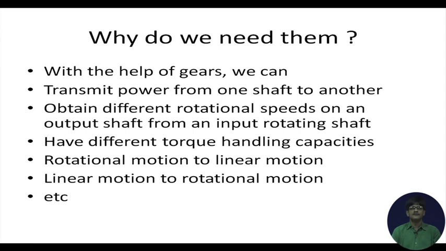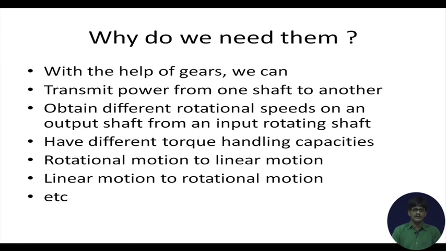So, in addition to transmission of power from one shaft to another, you can also dictate the rotational speed of the output shaft, provided the input shaft has a definite RPM.